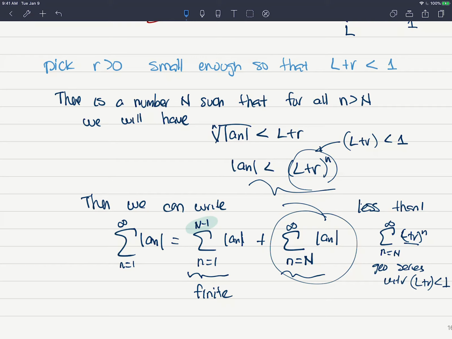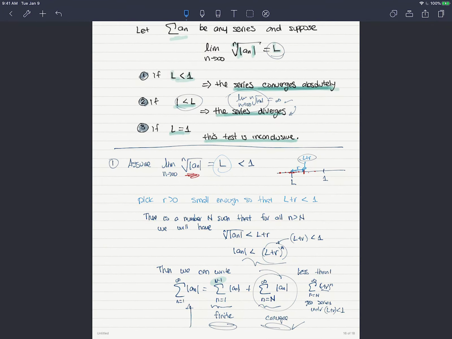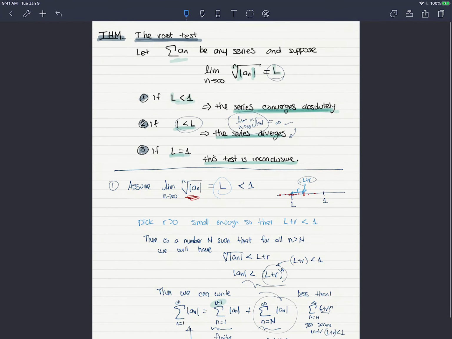So it converges. So there you go. The series we're trying to show converges is convergent because it's the sum of a finite number plus a series that converges. So we're done. Okay, so this is the proof of part 1.